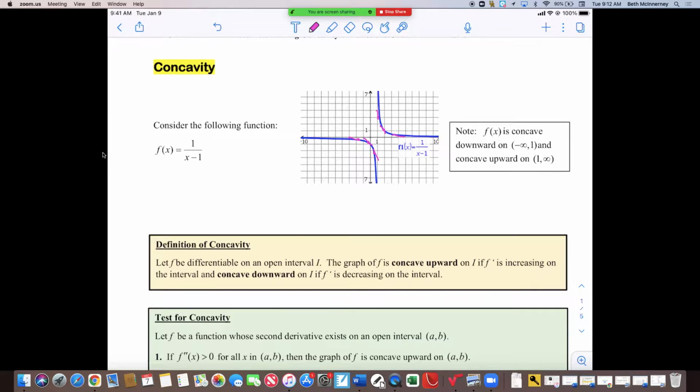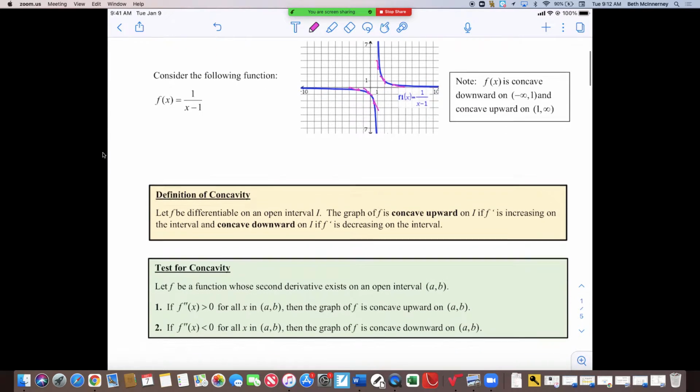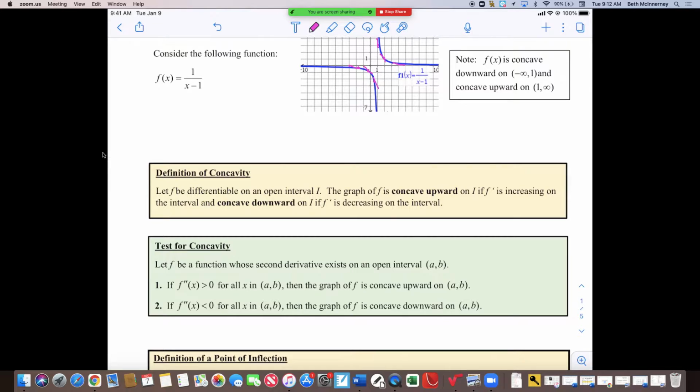So if I want f prime increasing, do you understand that that's a derivative of the derivative? And so we're going to talk about it in the green box in a moment. And it's concave downward on I if f prime is decreasing on the interval. So here's the test for concavity.